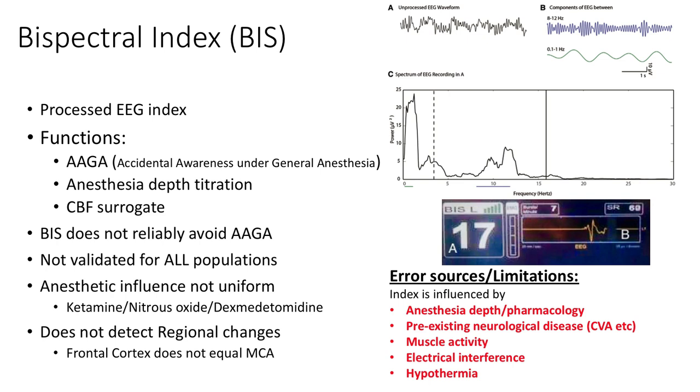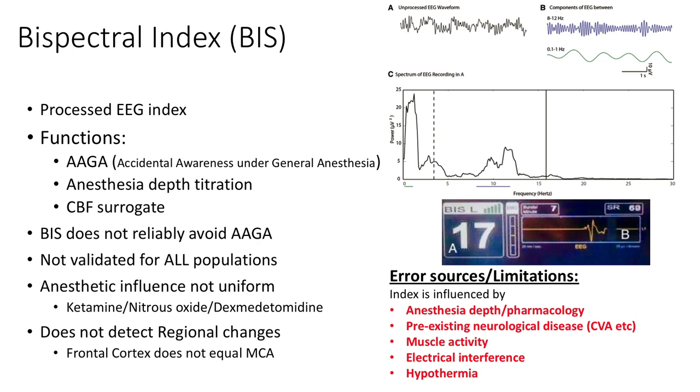Error sources: not over-interpreting BIS, not underestimating the potential, but you need to know what to do with that information. The index is influenced by your anesthetic depth and what kind of pharmacological agents you use, by pre-existing neurological diseases and already abnormal pre-anesthesia BIS levels.